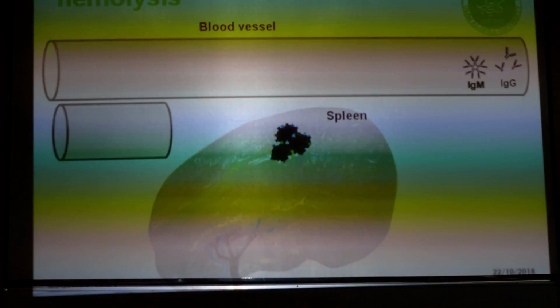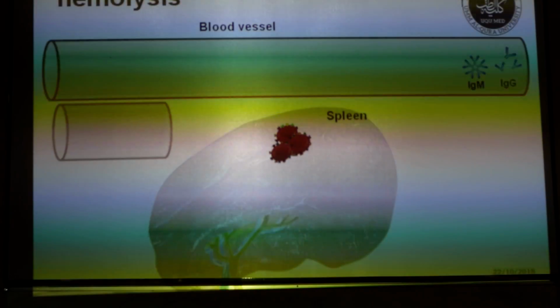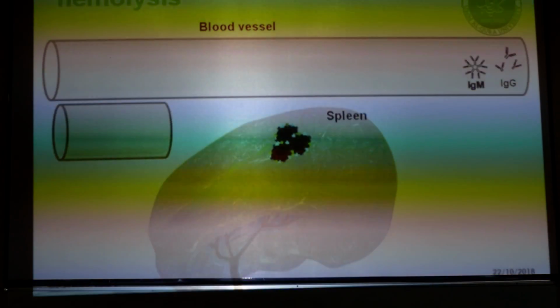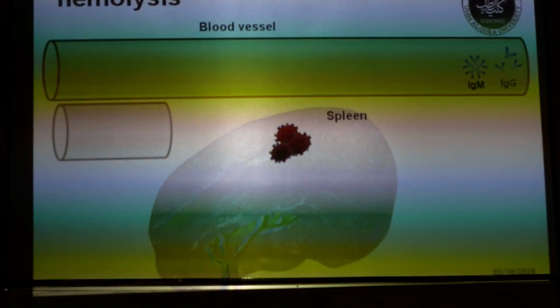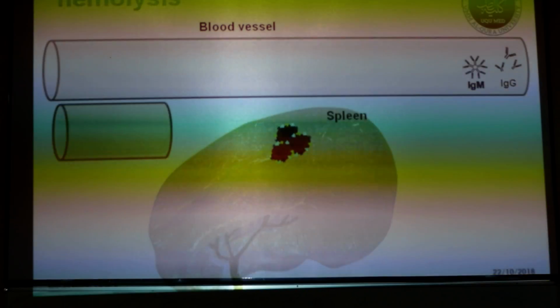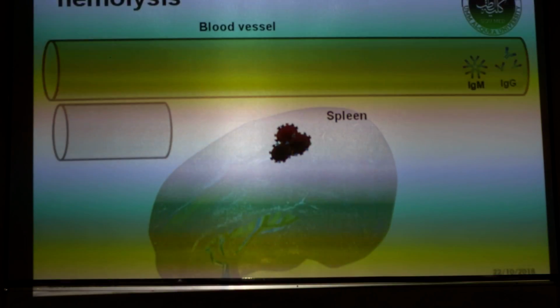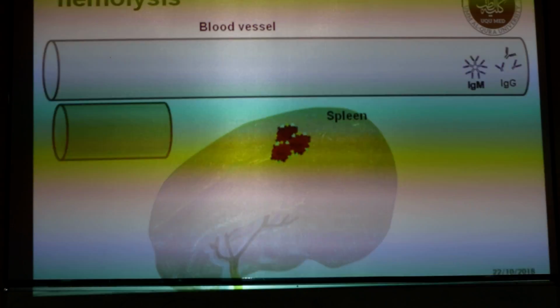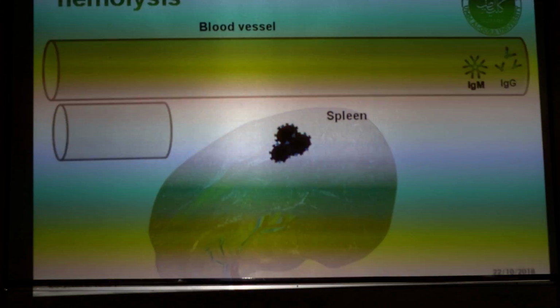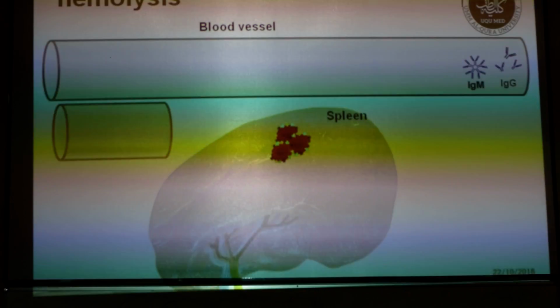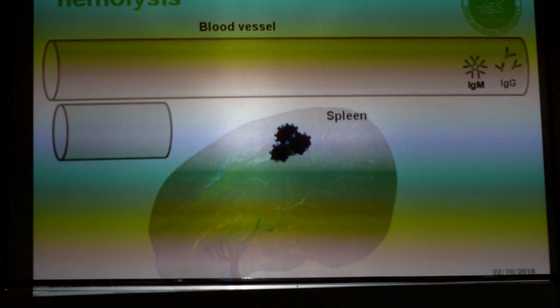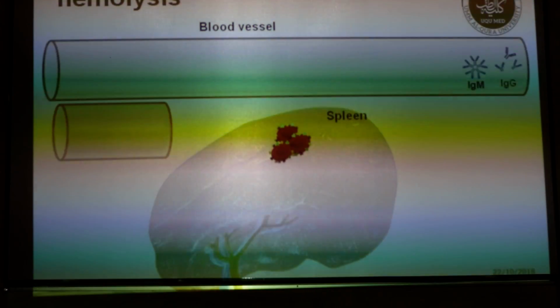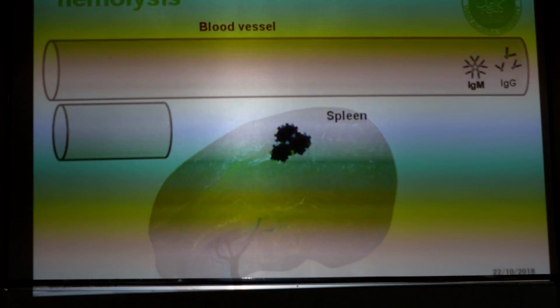Whenever by mistake or for some reason you give blood group B to someone who has blood group A, there is ABO incompatibility. So what happens immediately? There is a transfusion reaction and there is a lot of hemolysis.